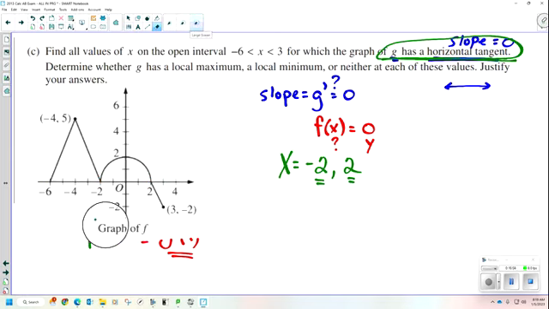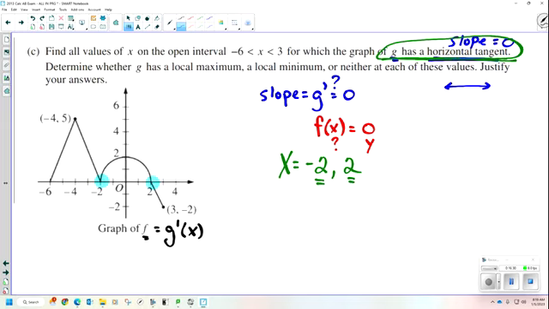Let's clear this out. And time for highlights because I don't want to forget. 2 points where g has a horizontal tangent or a slope of 0, right here and right here. And let us not forget that the graph of f is the derivative of g. That's going to be important. All right, so how do I know whether something has a minimum or maximum?